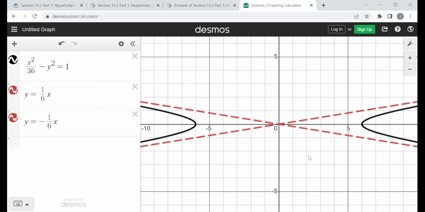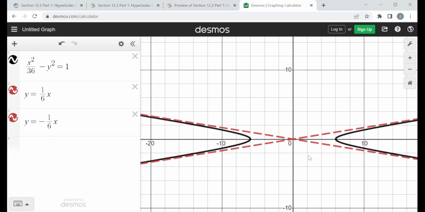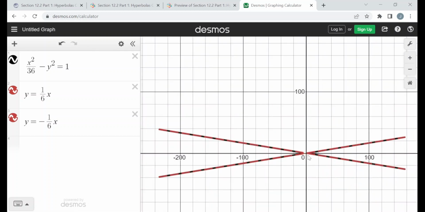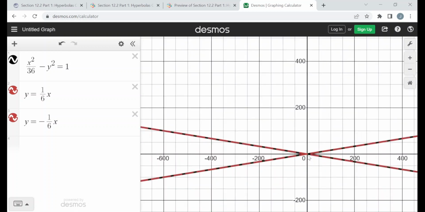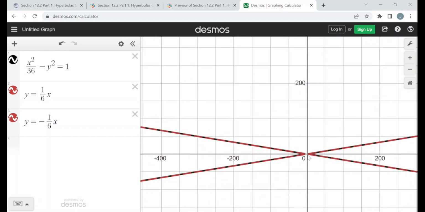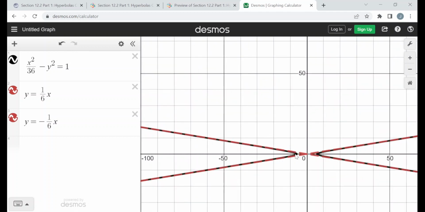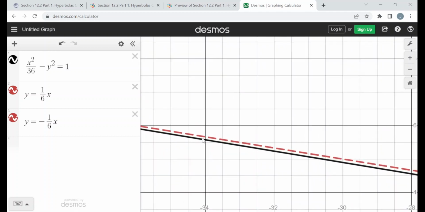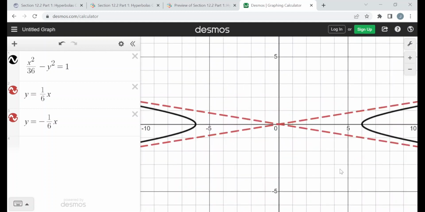Alright, and it looks pretty good. And again, if you zoom out, it should look like the black curves touch the red dotted lines, they don't actually touch, but they look like they become them. So those are the correct asymptotes. You could even zoom in and see that the black curve doesn't actually touch the red dotted line ever, but it gets as close to it as you want it to be.